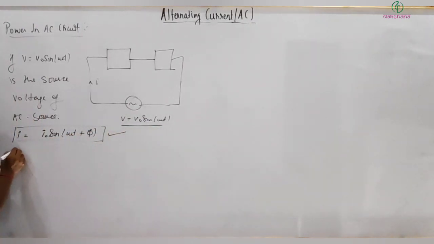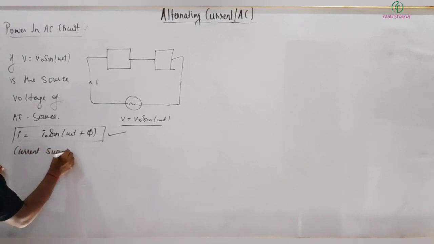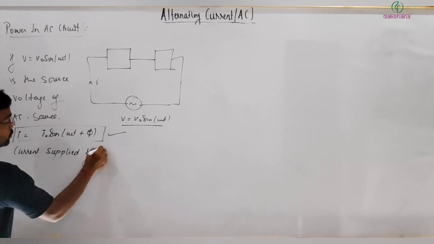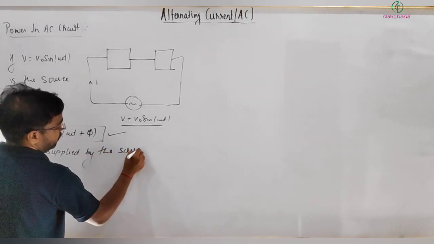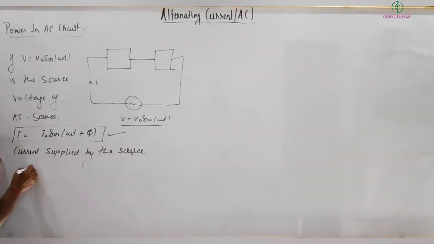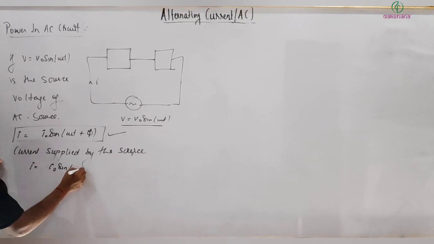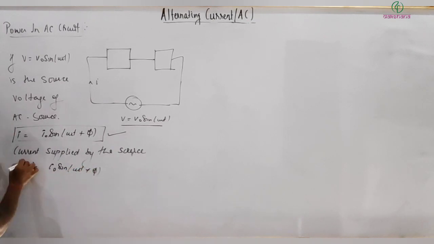So the current supplied by the source is simply equal to the same current, I naught sine of omega t plus phi.